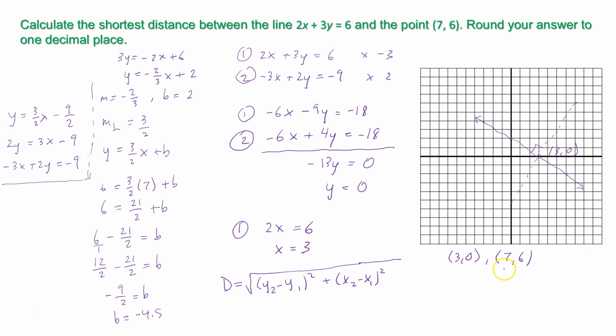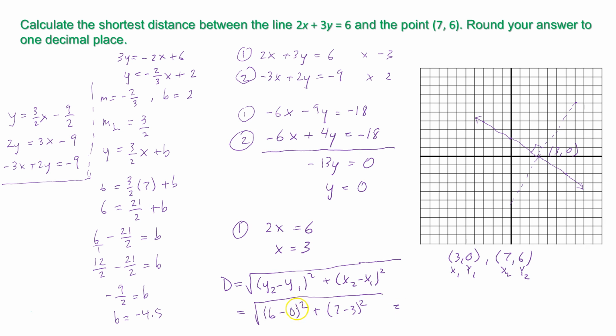So this would be x2, y2, x1, and y1, going from left to right. Substituting these in, 6 minus 0 squared plus 7 minus 3 squared.